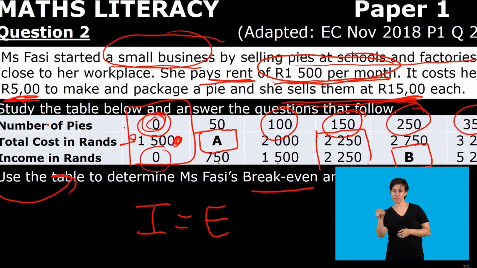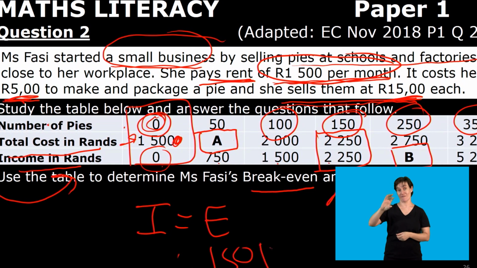Here, at 150 pies, we can see that the total cost in rands and the income in rands are both 2,250. So that means it is 150 pies.